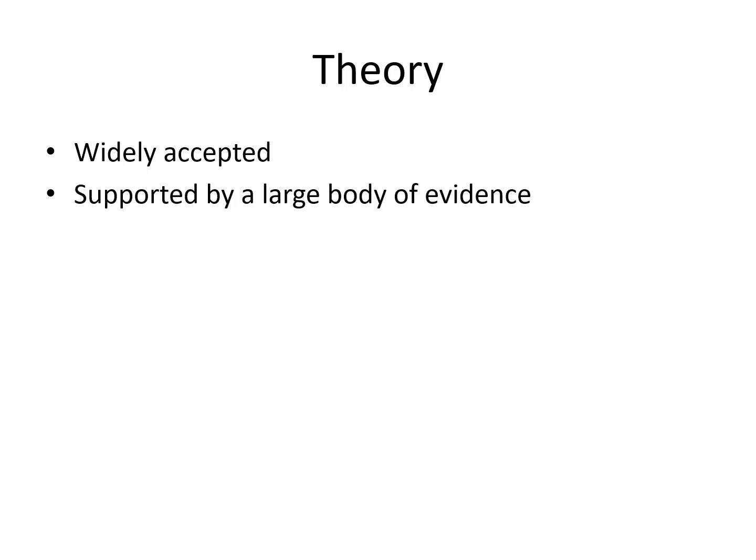The last thing I want to go over is theory. And a theory is something that is widely accepted. So a scientific theory is something that is widely accepted because it is supported by a large body of evidence.